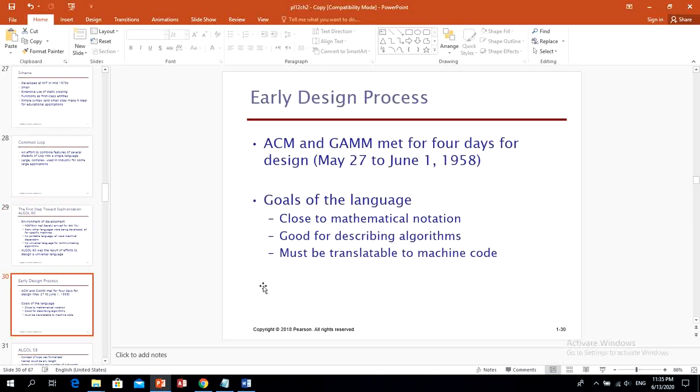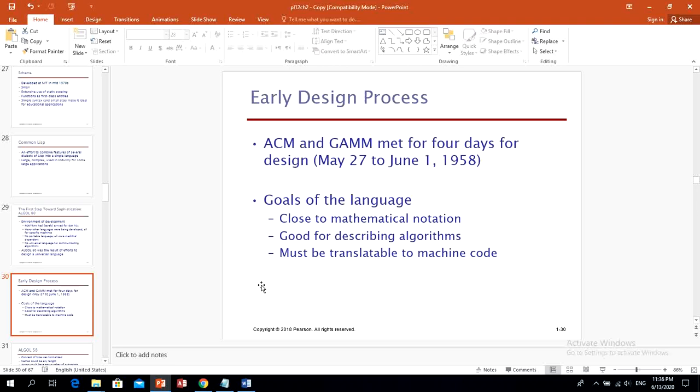Representatives from the ACM and GAMM companies met for some days between May 27 and June 1st, 1958, and they started making some agreement to create such a language.